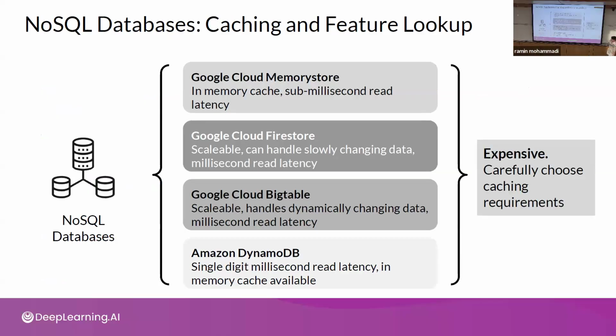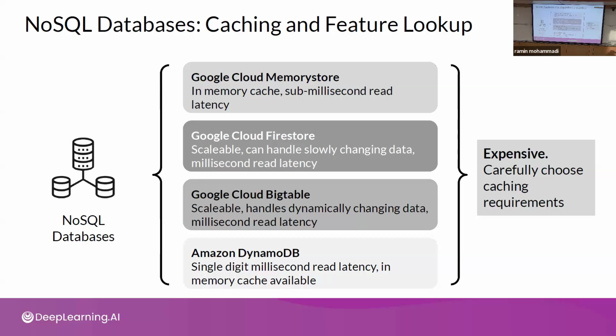Here we have these NoSQL databases: Google Cloud Memorystore, Google Filestore, Bigtable, Amazon MongoDB. These are all good, fast databases that you can read from, especially as a feature store. That means if you need some sort of cache memory that you can quickly read, it's not for you to do any transformation.